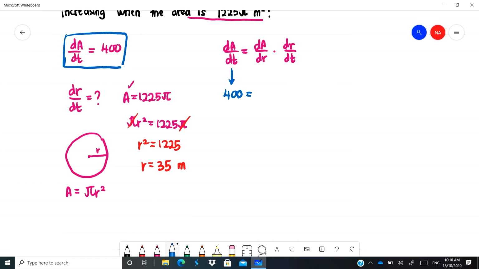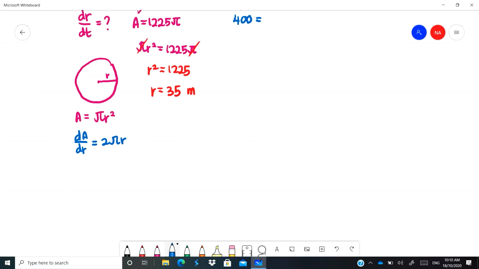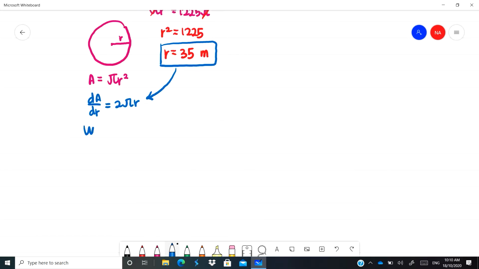dA over dr, can we find dA over dr? Yes, we can differentiate this function because it is a function in terms of r, so dA over dr is given by 2 pi r. When r is 35, we can substitute the value of r into this dA over dr. So we'll write when r is 35, dA over dr is given by 2 pi multiplied by 35.